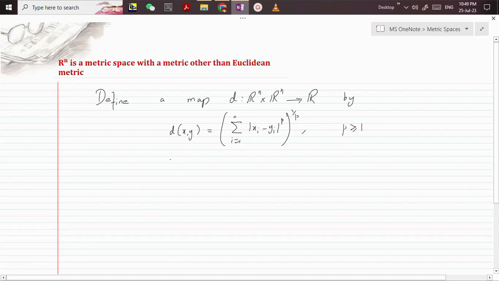So we shall prove that D satisfies the 4 properties of a metric.